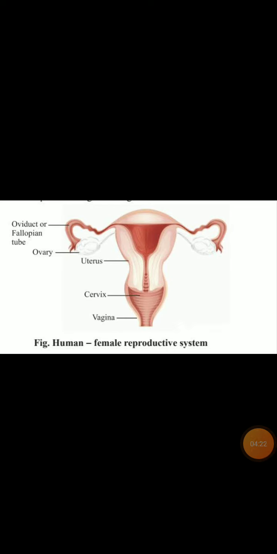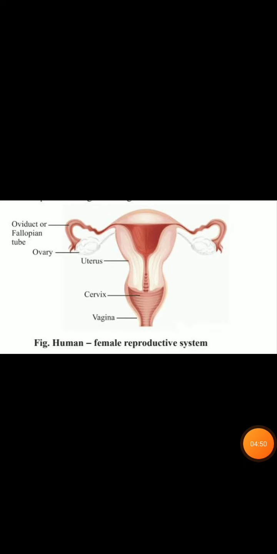Then the next organ we have is the oviduct, that is known as the fallopian tube. What happens when the egg is produced by the ovary? Once it is produced, it is carried from the ovary to the uterus through this oviduct or fallopian tube.